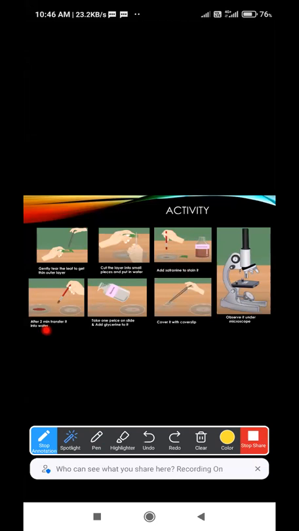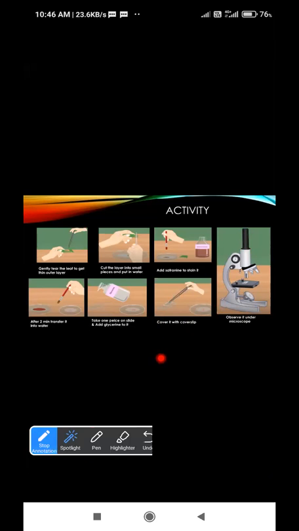After 2 minutes, again transfer it into water to remove the excess stain, and then put that piece of tissue on the slide. Add 1 to 2 drops of glycerin on the slide and then cover it with a cover slip. After covering with the cover slip, observe it under the microscope.